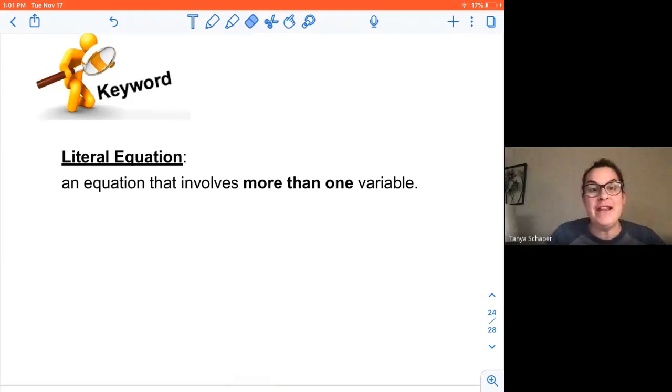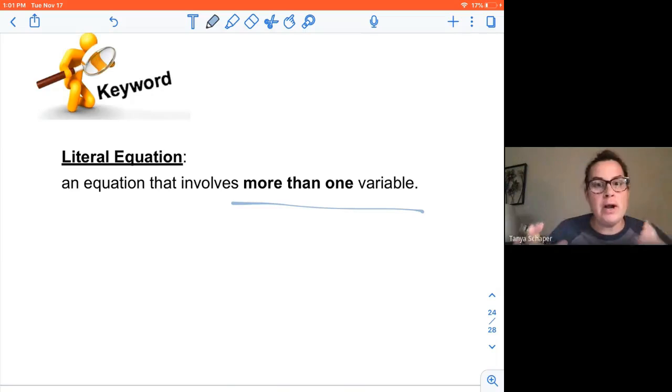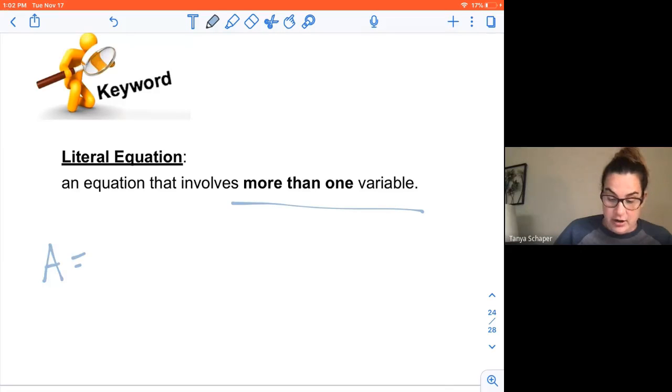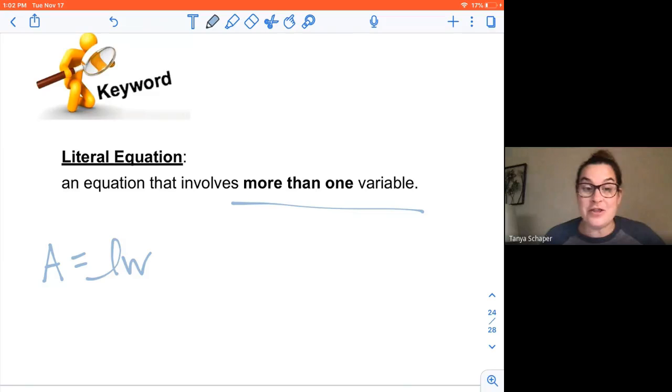It's called literal equations, and it's not actually as new as one would think. A literal equation is one that has more than one variable, and you've already worked with them. For example, you've used the equation area equals length times width. That's a literal equation. It has more than one variable. It's got 3.